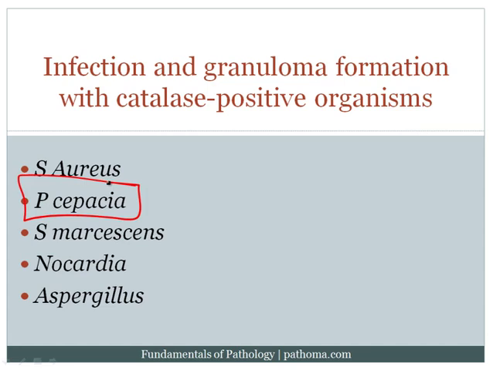So Pseudomonas cepacia is actually another important bug that is catalase positive, and that can also result in infections. And because Staph aureus is almost known by every medical student, examiners like to go after Pseudomonas cepacia. So do not forget Pseudomonas cepacia in the context of chronic granulomatous disease. I hope that I made that clear.